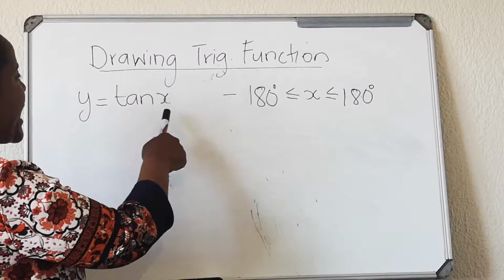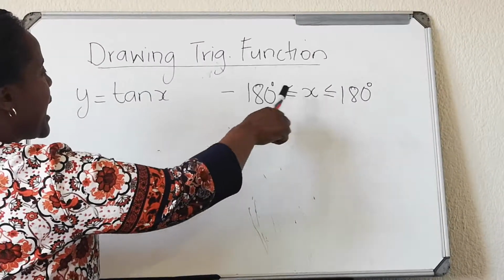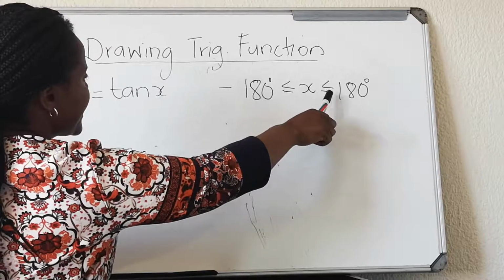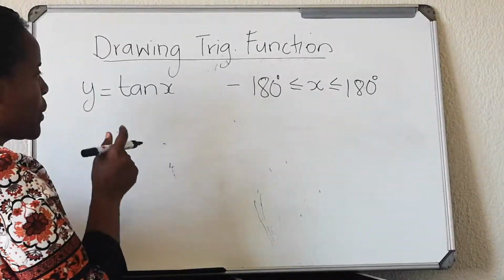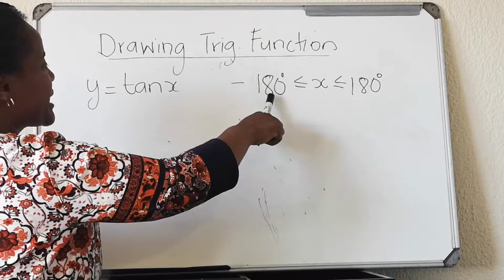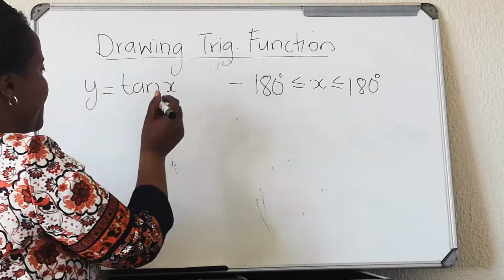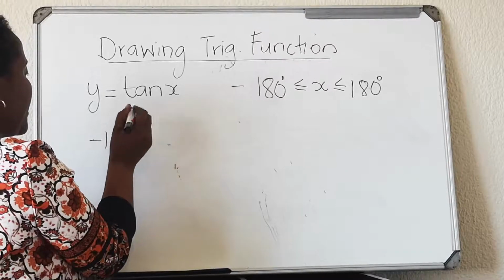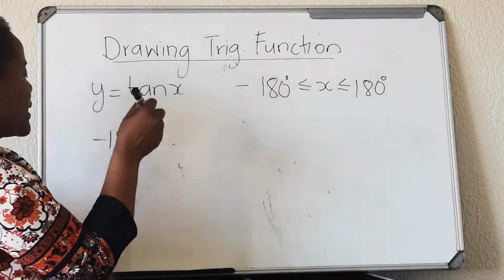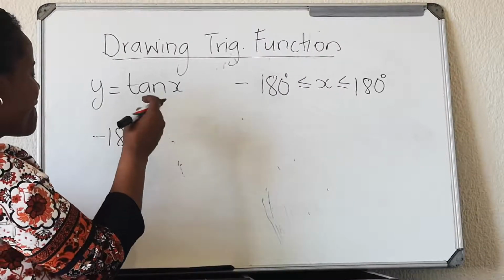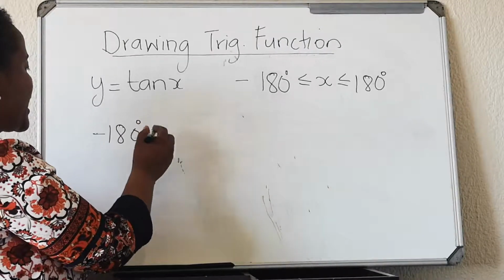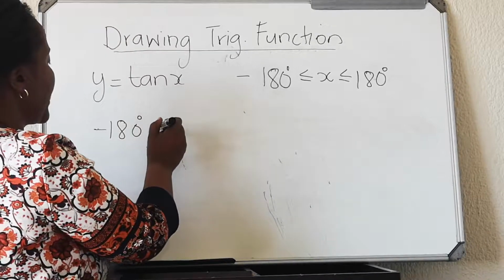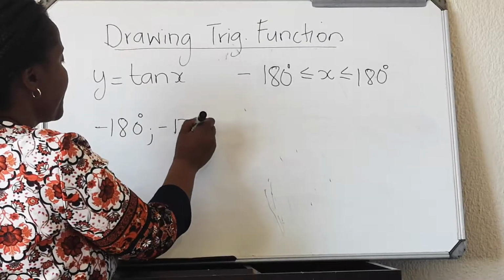Y equals tan x, and the interval is x is greater than minus 180 and x is less than 180. The first thing, you're going to write the x values using the interval. The first one is minus 180. Then remember for tan, there's a change every 45 degrees. So minus 180, plus 45, you get minus 135.